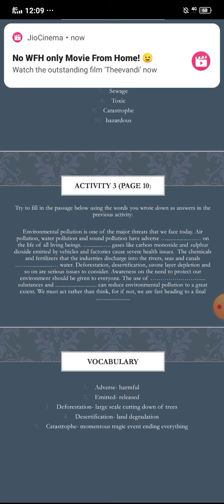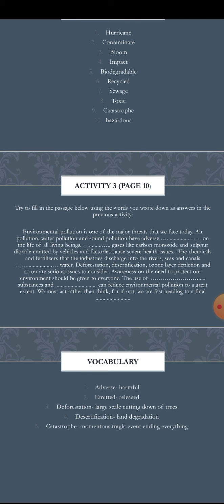The chemicals and fertilizers that the industries discharge into the rivers, seas and canals dash water. So what do they? They contaminate. That's right, they contaminate water.